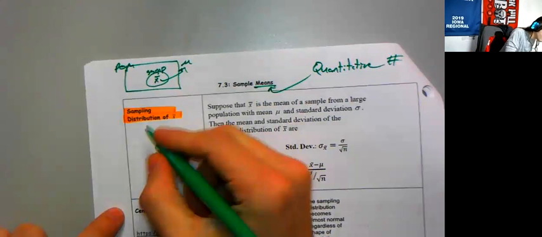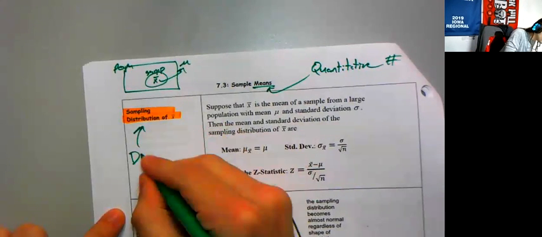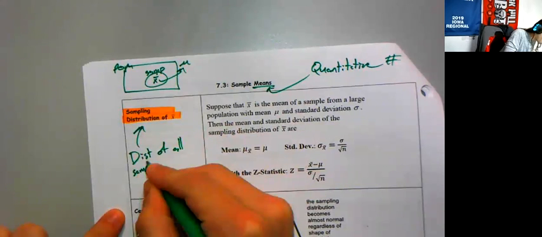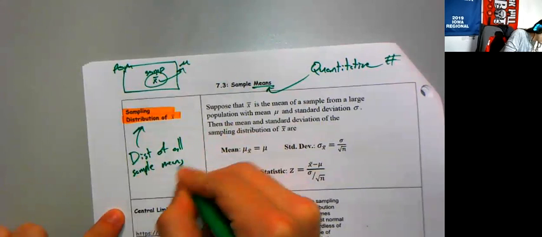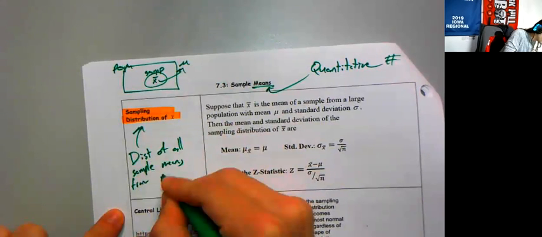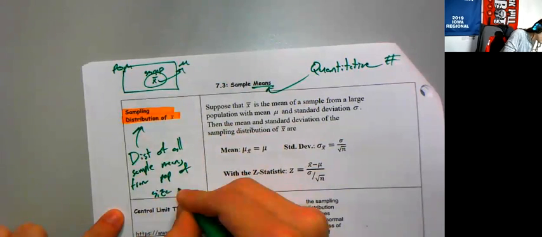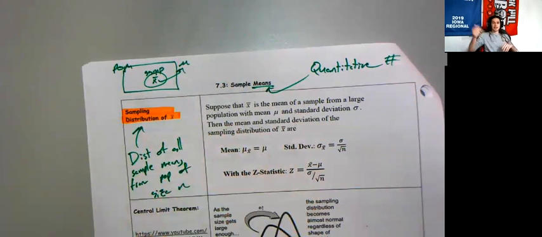Remember, what we're talking about here is the distribution of all sample means from some population, with samples of size n. You take size n samples over and over, talk to 100 people, whatever, all the possible samples of 100 people. You get all the means from all those possible samples of 100. You plot them, that's the sampling distribution of X bar.